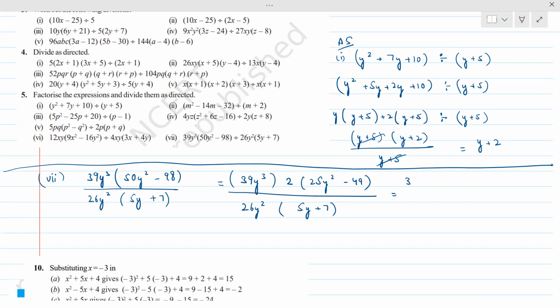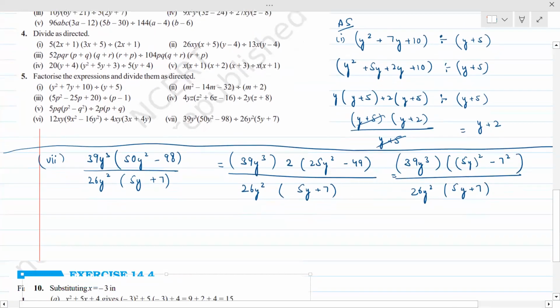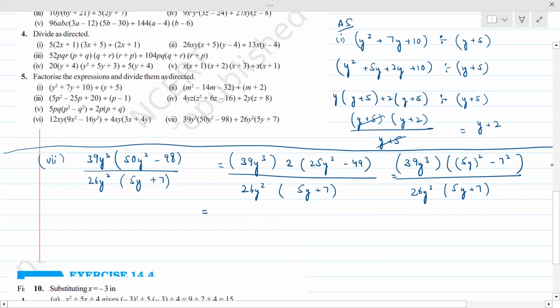We can write it as 39y cube as it is. This is 5y whole square minus 7 square divided by 26y square 5y plus 7. Now further it will give you 39y cube as it is.